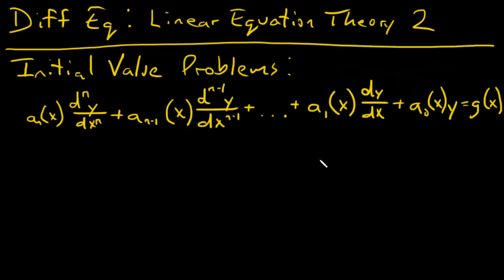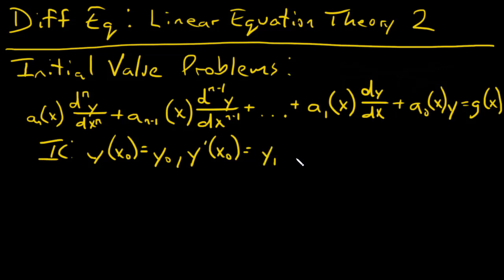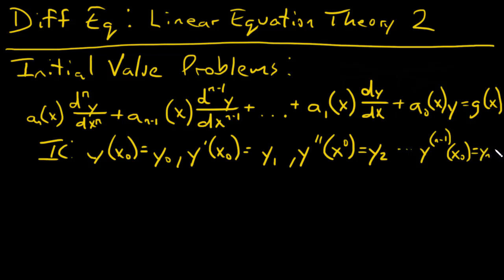Alrighty, so if I have my differential equation in the standard form, and I have initial conditions, my initial conditions are going to be things like y of x naught equals y naught, y prime of x naught equals y1, y double prime of x naught equals y2, dot, dot, dot, all the way down to y to the n minus 1 of x naught equals y sub n minus 1.